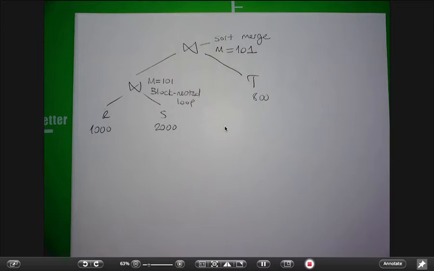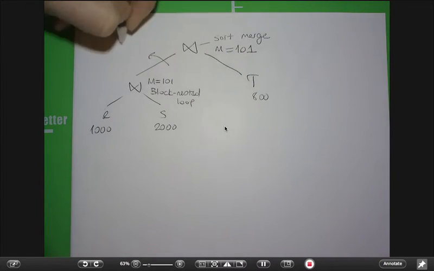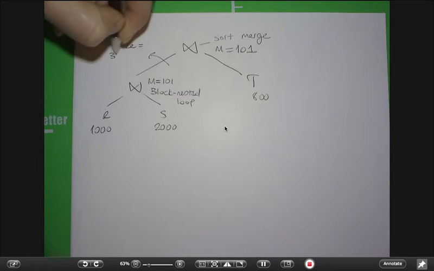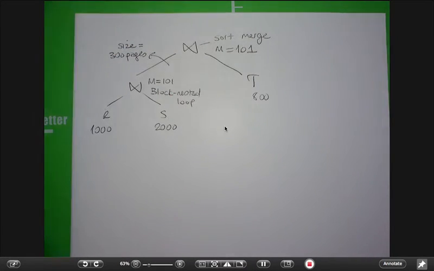This is almost the same, and the size of this is 300 pages. The only difference is that this one is now a sort merge join. So I'm not going to do block nested loop join, I'm going to do a sort merge join.